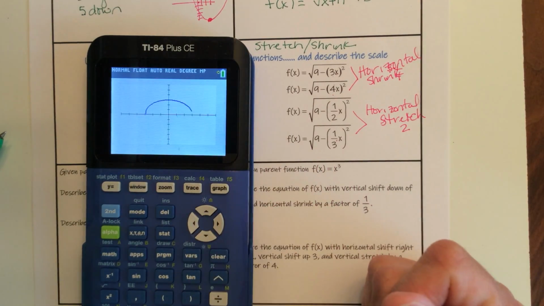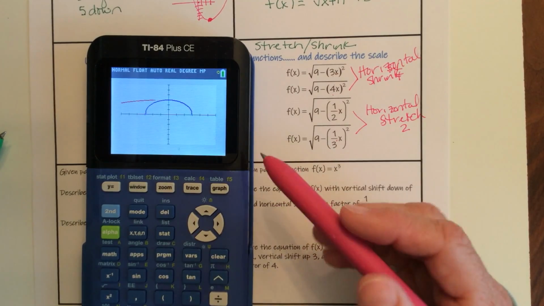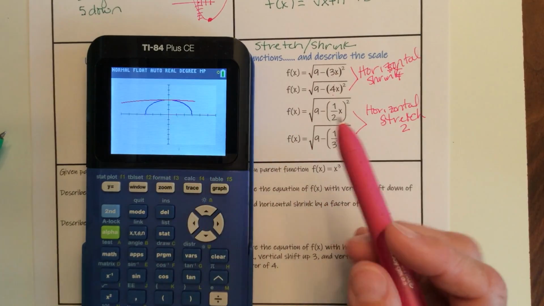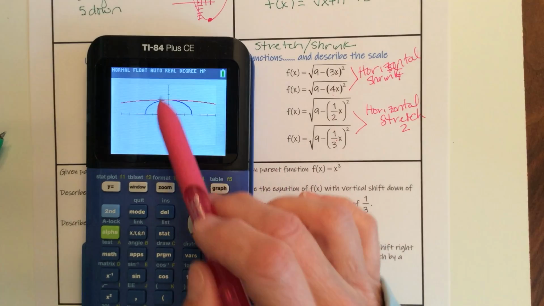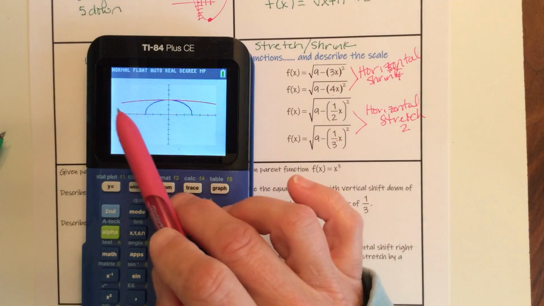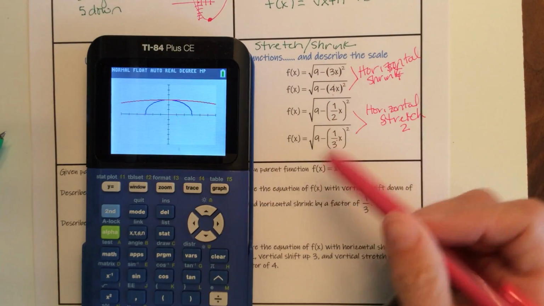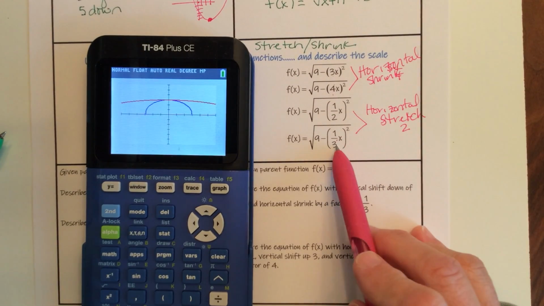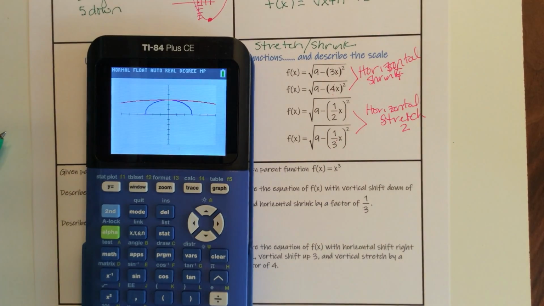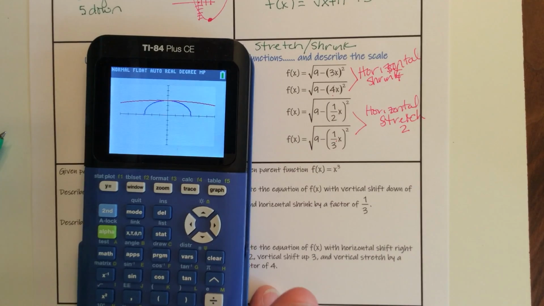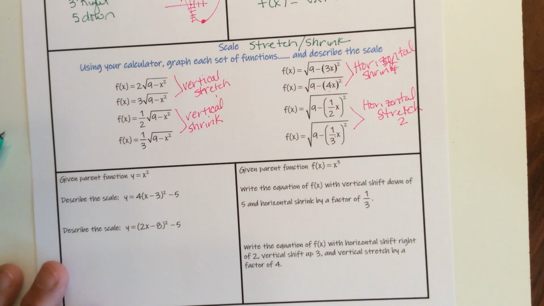And there's the mom and daddy graph. And I think you can tell without me going in and changing the window how this graph is being stretched even more horizontally by a factor of 3. So let me pull this away.